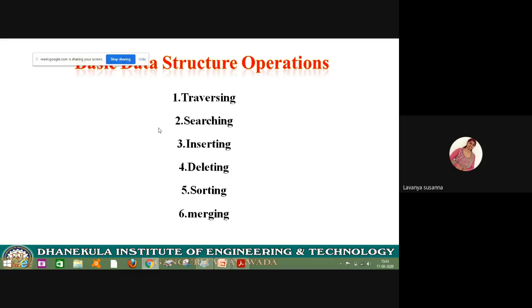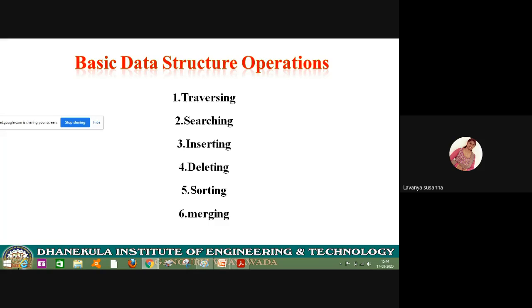Once again, see the basic operations that can be performed on a data structure. First one is traversing, accessing each and every element from the data structure. Searching, whether the given element is present or not. Inserting means inserting the element into the data structure.